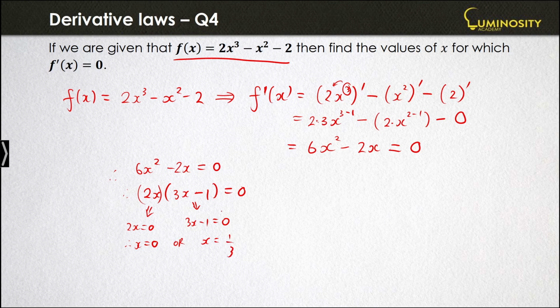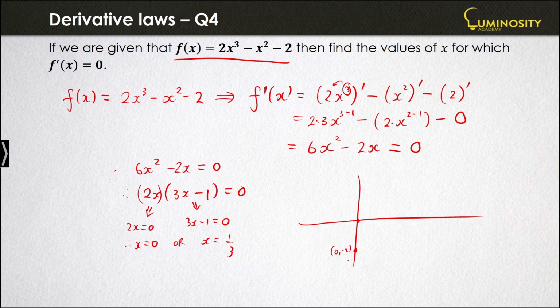Okay, so logically, what does this mean? Well, this is a cubic function, so we're still going to learn how to draw the cubic functions. But essentially, at the point x equals 0, if I plug that in, I'm going to get negative 2 here. So 0 and negative 2.